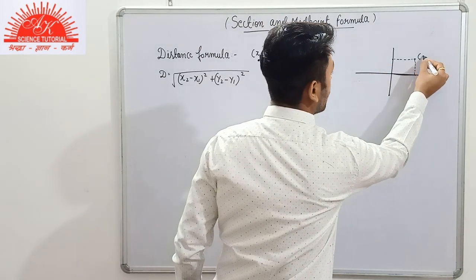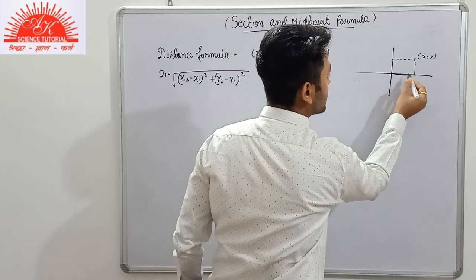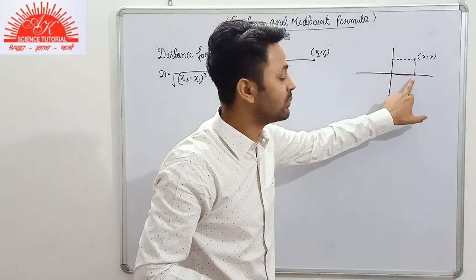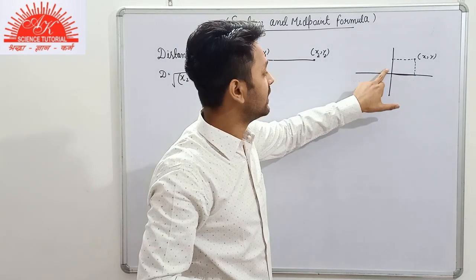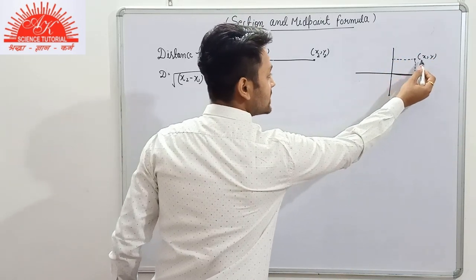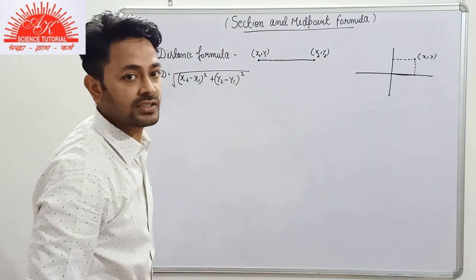Taken together, they form the coordinates. X is the length on the x-axis, y is the length on the y-axis. The length on the x-axis is known as abscissa and the length on the y-axis is known as ordinate. Abscissa and ordinate taken together form the coordinates.